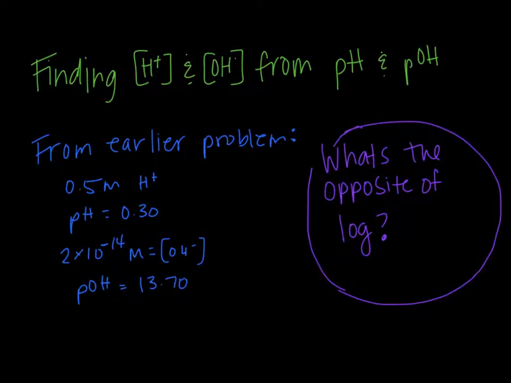All right, so finding H and OH from pH and pOH. So from the earlier problem, these are the calculations that we had: a 0.5 molar hydrogen ion, a pH equal to 0.3, a hydroxide concentration of 2 times 10 to the negative 14, and a pOH of 13.7.